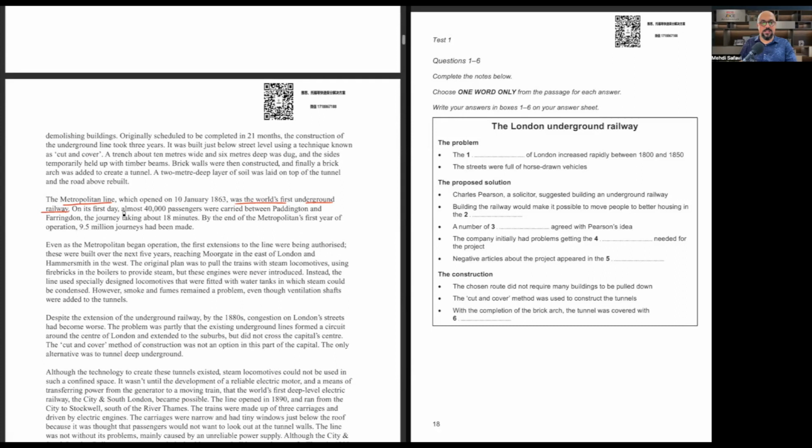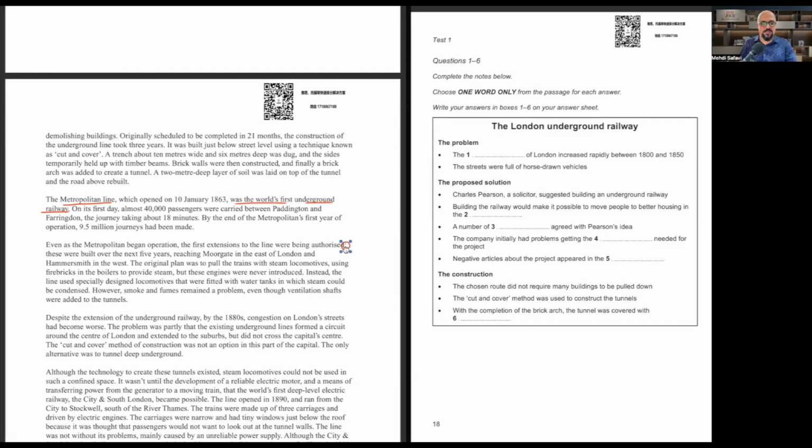Don't underline the whole sentence, of course. Only those keywords that make a difference, that actually contribute to your understanding. Even as the Metropolitan began operation, the first extensions to the line were being authorized. These, okay, that's the end of the sentence, but we can go on still because it's a semicolon.